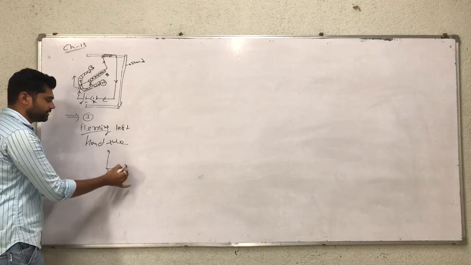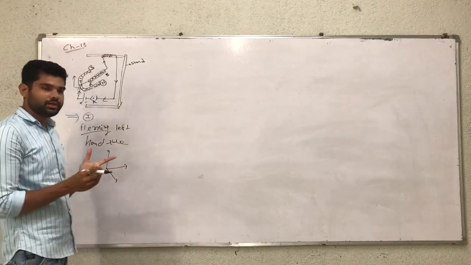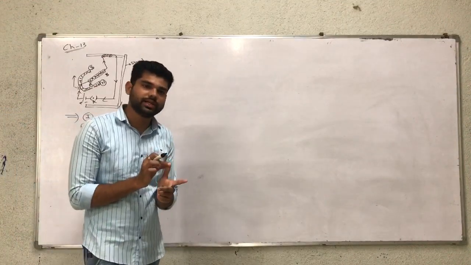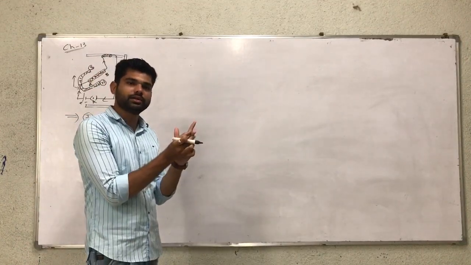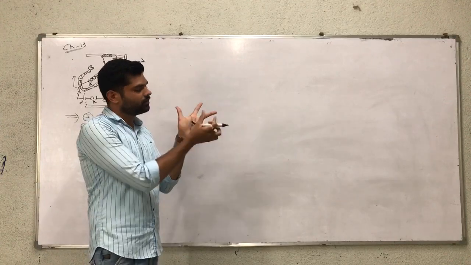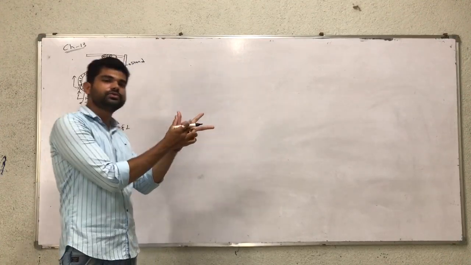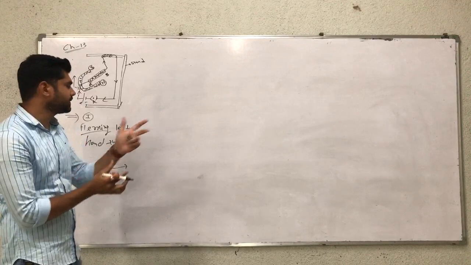And all three are mutually perpendicular to each other. It means magnetic force, field and current are all mutually perpendicular to each other.